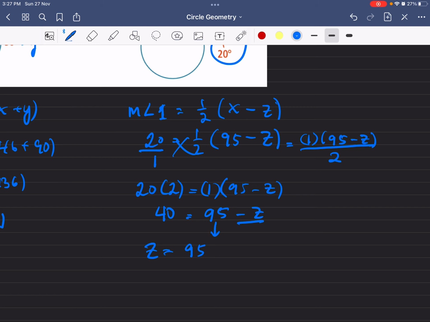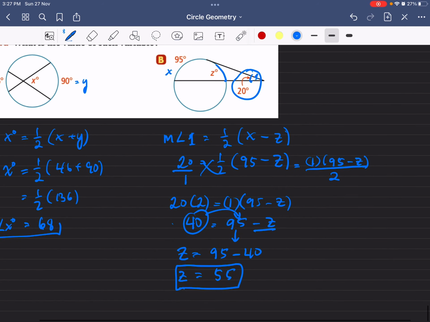This will remain 95, and the 40 goes to the other side as minus 40. So z is equal to 95 minus 40, which is 55. So the size of our z is 55.